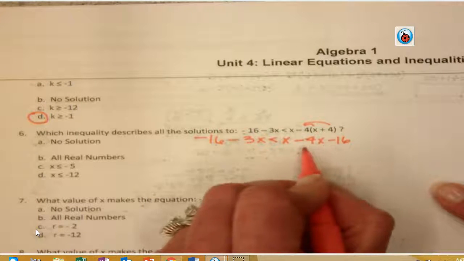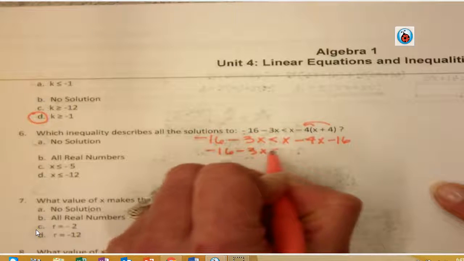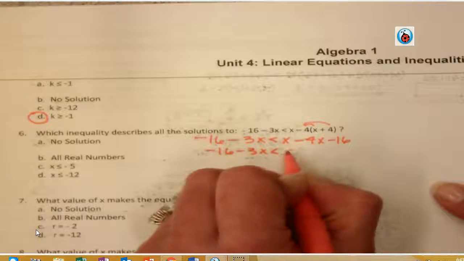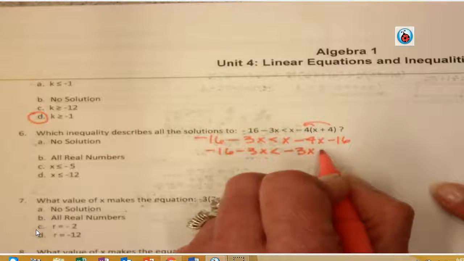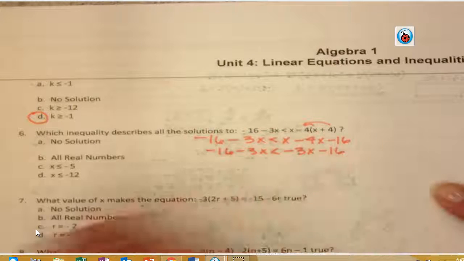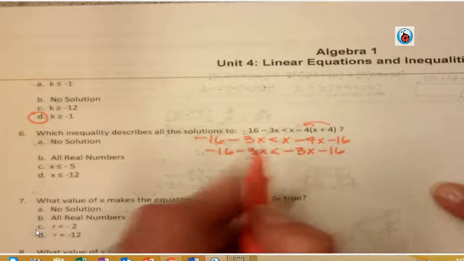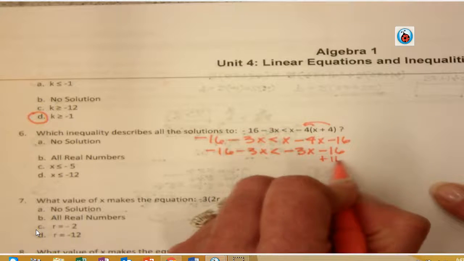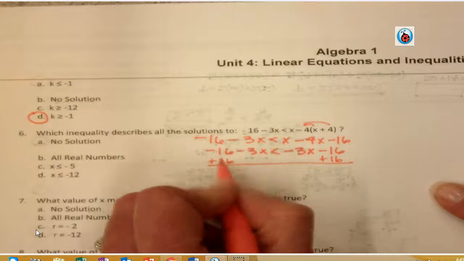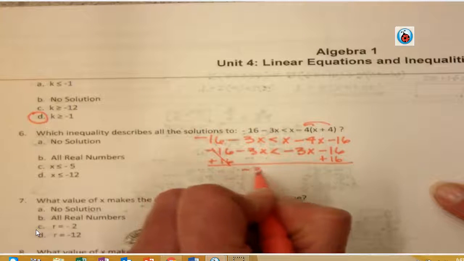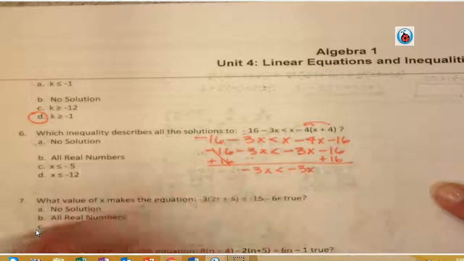Now I have some terms over here that I need to combine. -16 minus 3x less than x minus 4x is -3x, minus 16. Now I'm going to add 16 to both sides, and I get 0, -3x less than -3x.